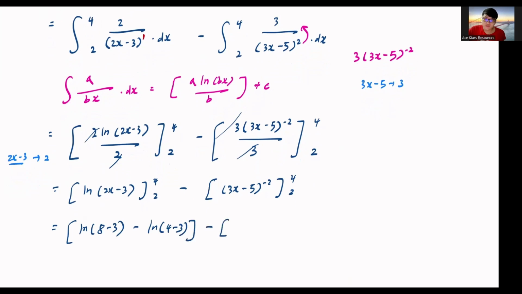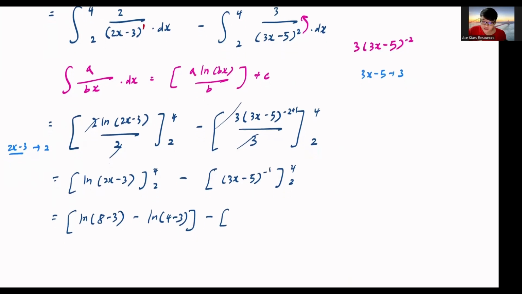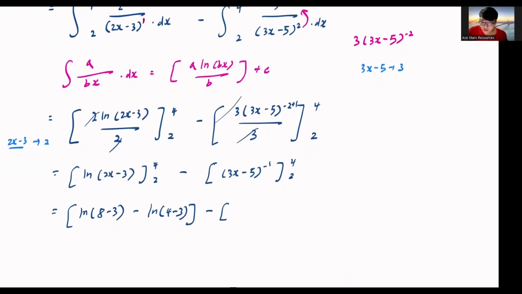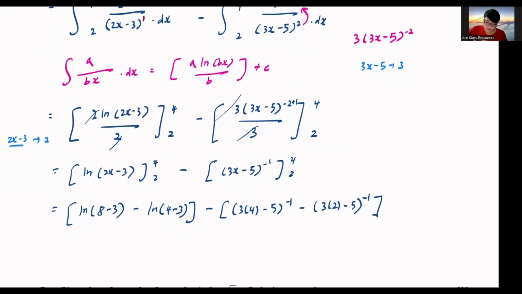Okay, so I forgot to plus 1 here, so you have to actually do that. So minus 1, that's actually going to be minus 1. Sorry about that. And now you can still put it into the limits. So 3 times 4 minus 5 to the power of minus 1, and minus 3 times 2 minus 5 to the power of minus 1, close it. So you end up with ln 5 minus ln 1, that's going to be 0 anyway, minus 3 to the power of minus 1.